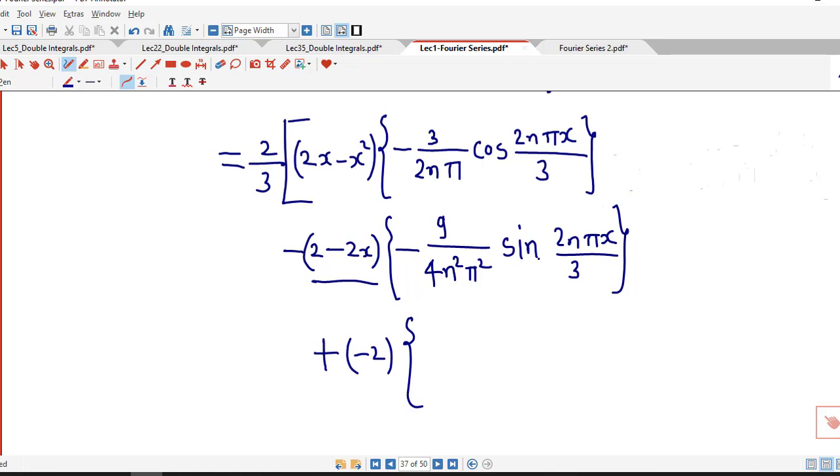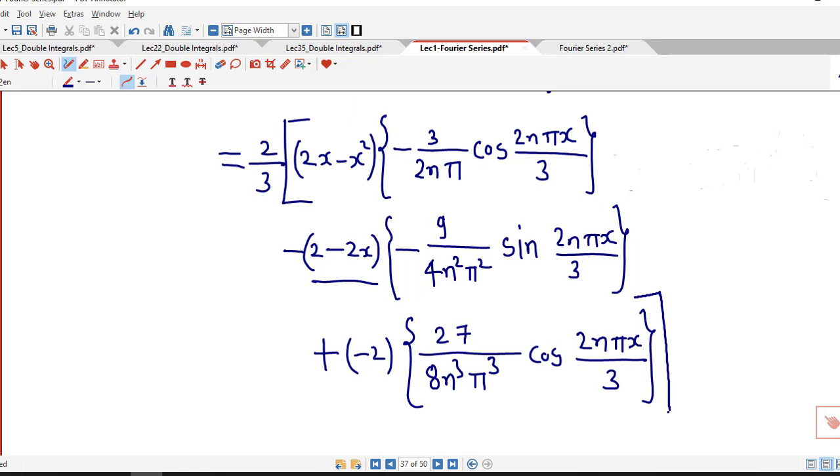Integral of this sin function is minus cos, so we have negative negative positive, and this 9 upon 4n square pi square will be multiplied with 3 over 2n pi. So we have 27 over 2n pi into 4n square pi square, that is 8n cube pi cube, cosine of 2n pi x divided by 3, and then we find out this for x equal to 0 to 3.